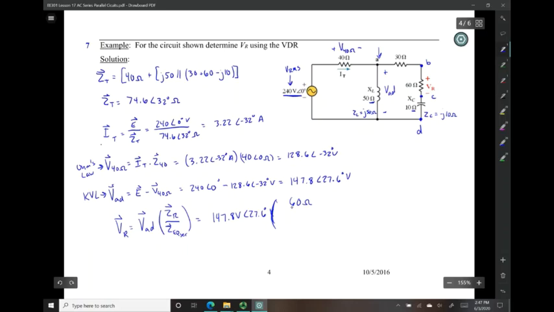So 60 ohm resistor over the sum of those three series elements. And I find that voltage drop is 98 volts, phase angle 34 degrees.